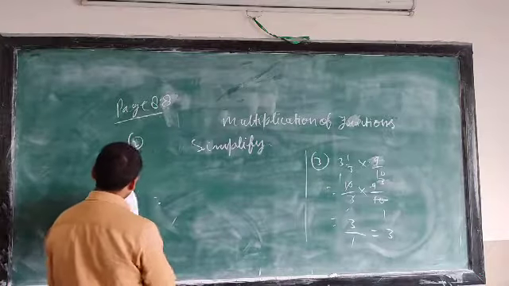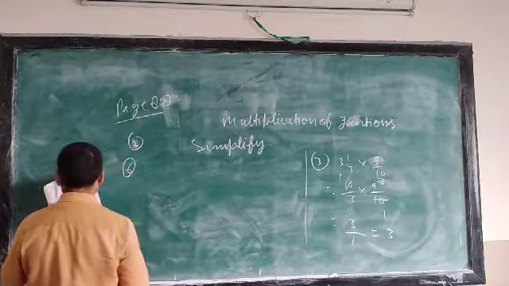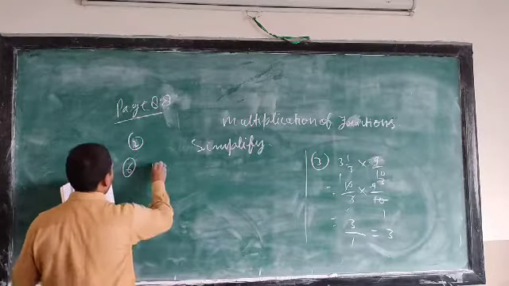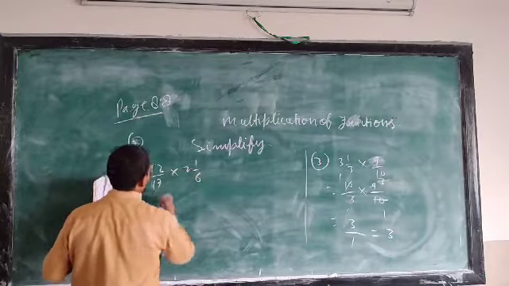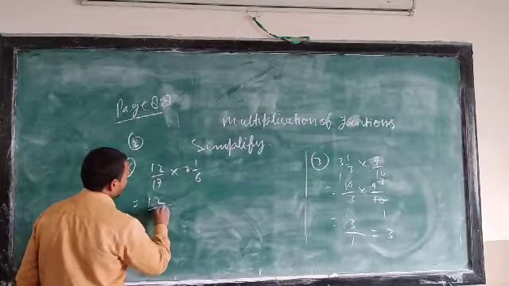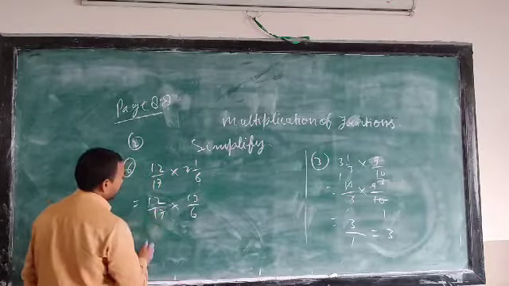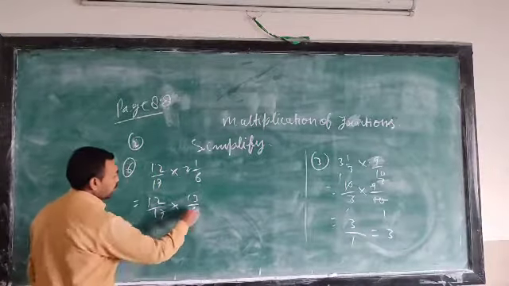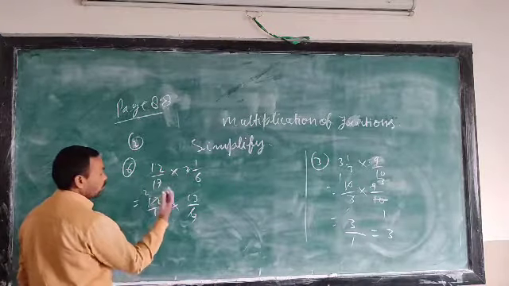Last one. 12 by 17 multiply by 2 and 1 by 6. So 12 by 17 and 13 by 6. See, 12 and 6 both are divided by 6. 6 by 6, 6 to the 12. 13 and 17 have no common factor.